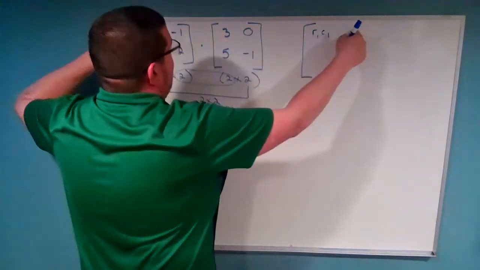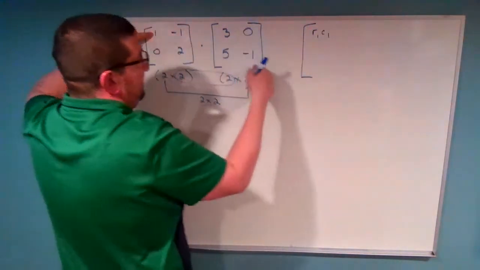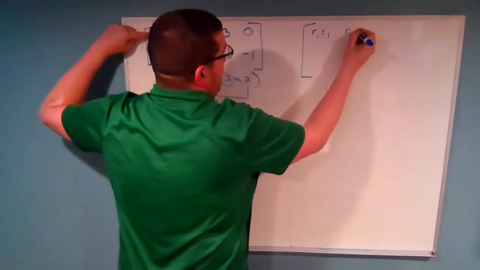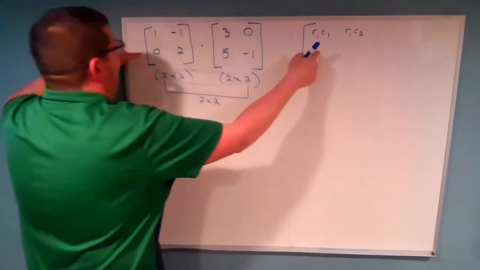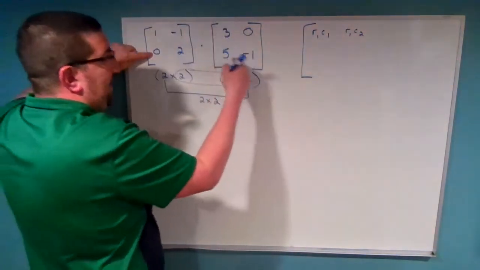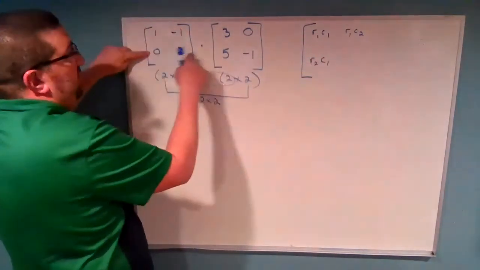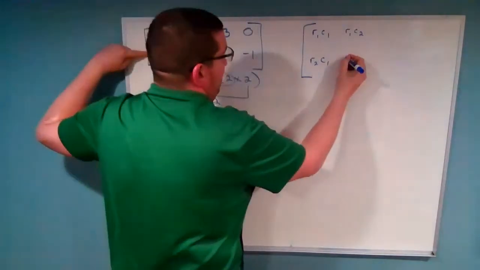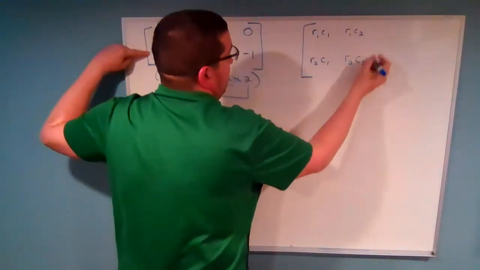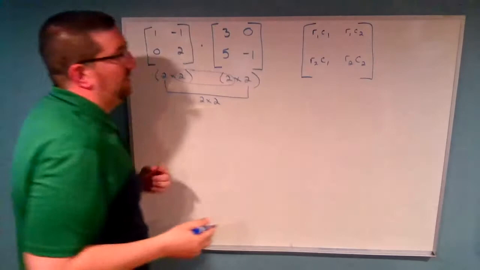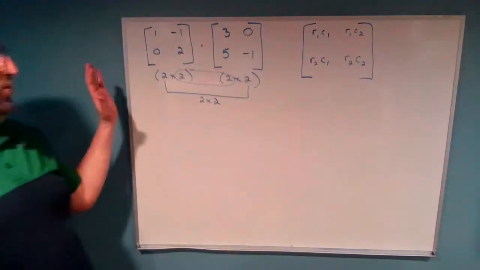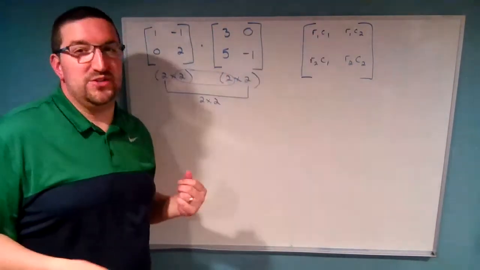This next entry is going to be row 1 times column 2. This next is going to be row 2 times column 1. And then row 2 times column 2. That's what we have to do in order to form this 2 by 2 matrix of our answers.